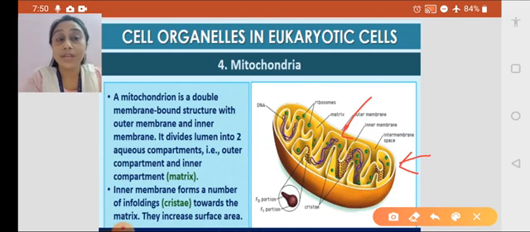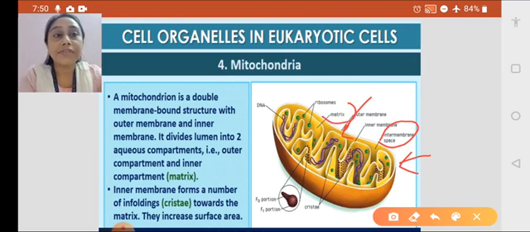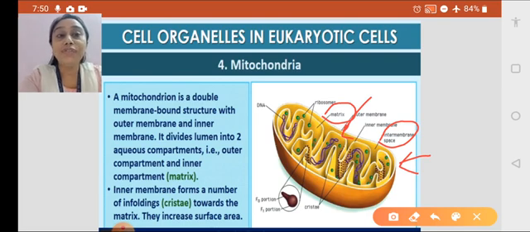Very important point: two compartments. What are the two compartments? The intermembrane space between the outer membrane and the inner mitochondrial membrane, and the matrix inside the inner membrane. These infoldings which the mitochondria is producing are called crista, or in plural cristae, towards the matrix.